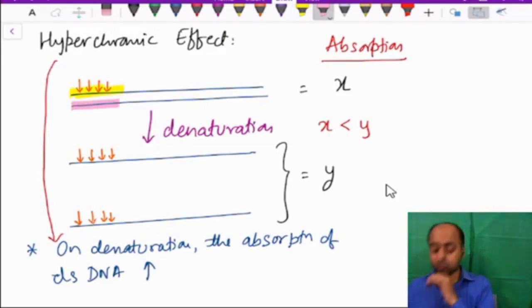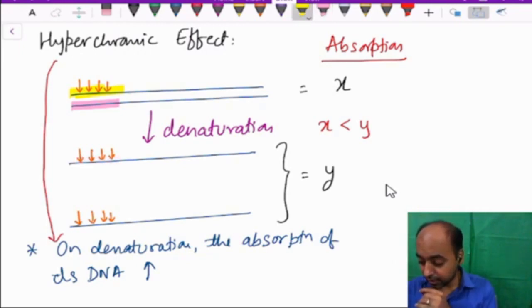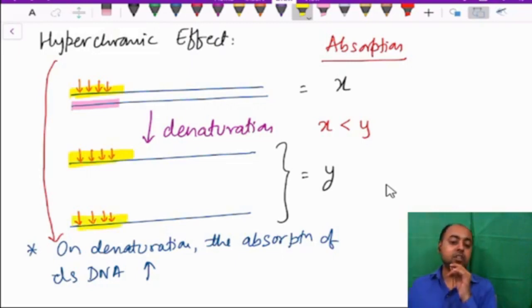But when you separate the two strands of DNA, both the strands will independently absorb the UV light, and obviously the absorption in this case will be more. So on denaturation, the absorption of double stranded DNA will increase.